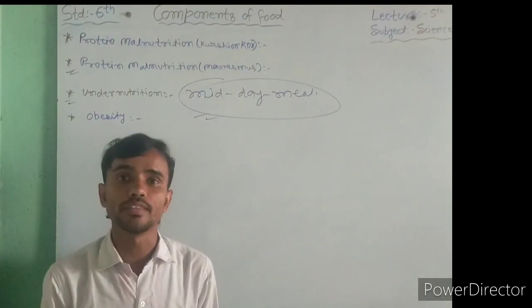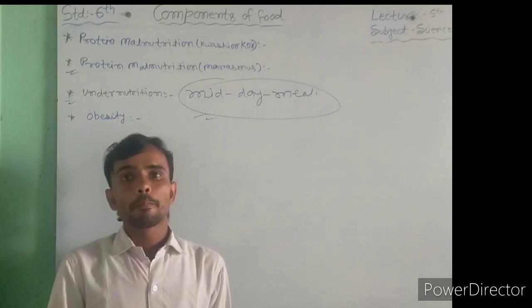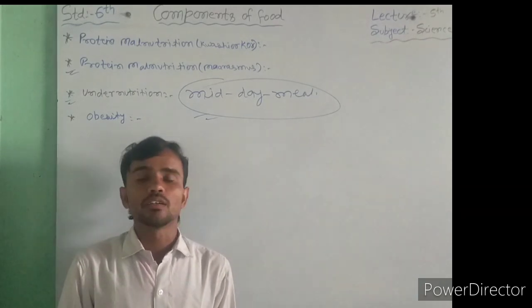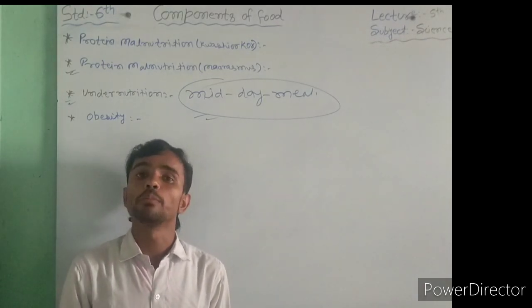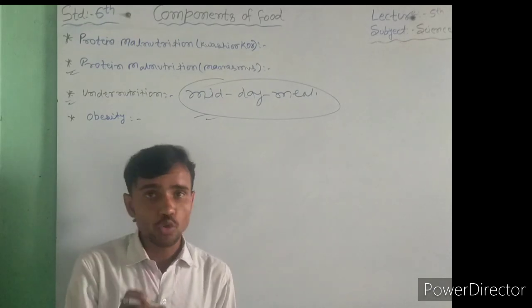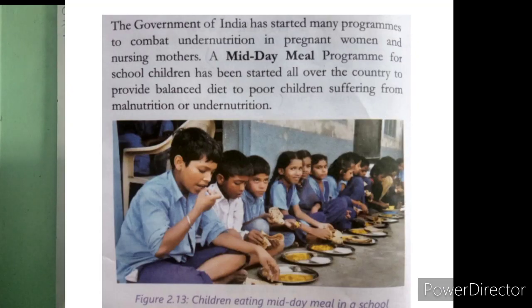In that period, all students go to our school, and at that time eating service is also provided by the government, so that's called midday meal. You also write down in your copy with the help of the screen. A midday meal program for school children has been started all over the country to provide a balanced diet to poor children suffering from malnutrition and undernutrition.